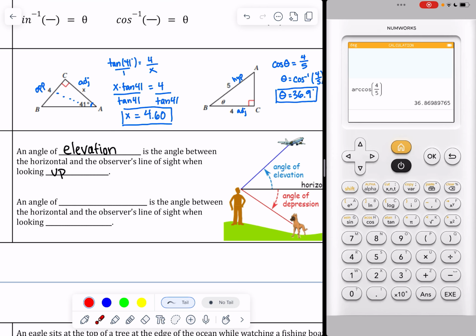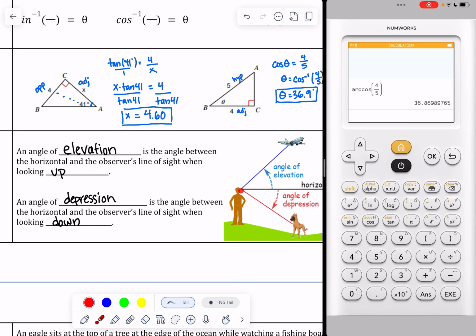And then when they look up, that is an angle of elevation. And on the flip side, an angle of depression is the angle between horizontal and the observer's line of sight when they're looking down.